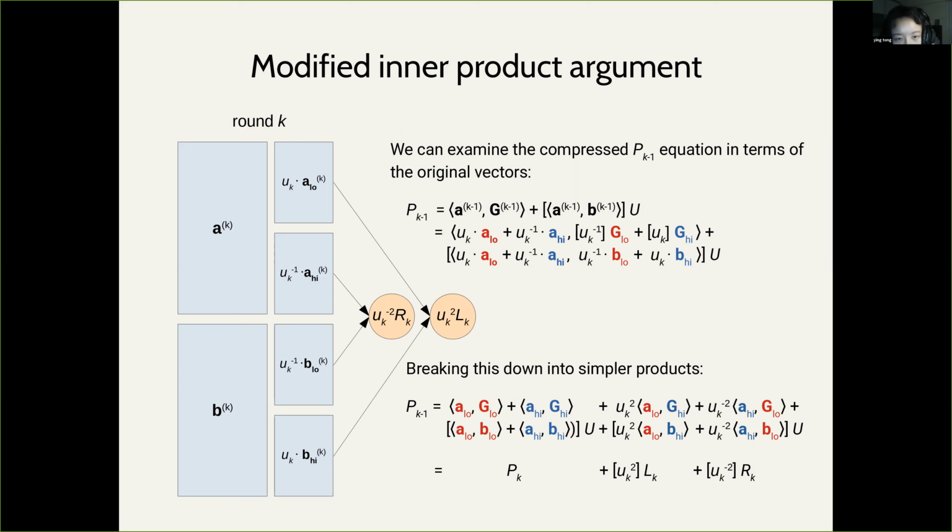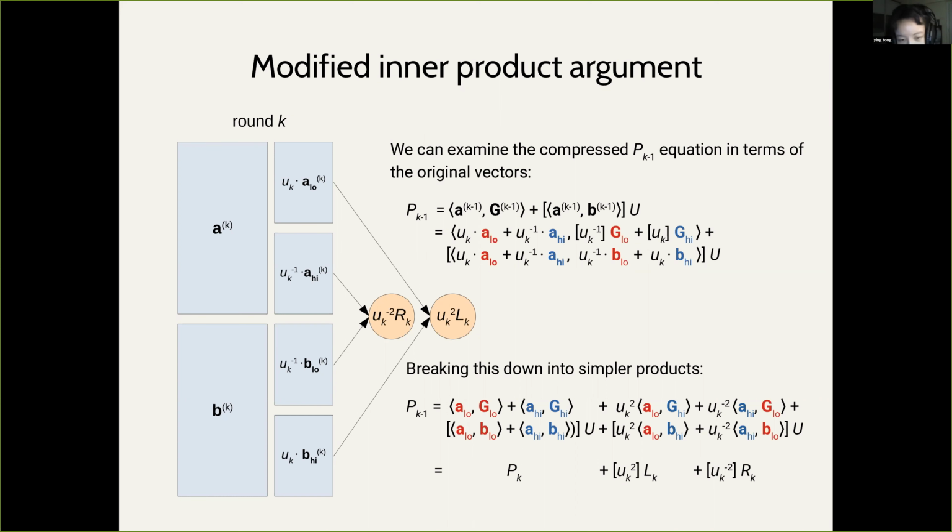And then we can basically group the terms in PK minus 1 by their factors. If you look at the equation at the bottom of the page, the first column, these are the terms with no factor in front of them. And the second column, these are the terms with a UK squared in front. And the last column has a factor of UK to the minus 2, right?